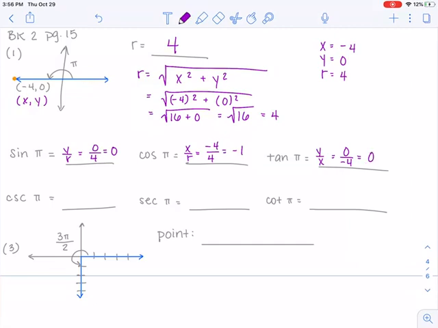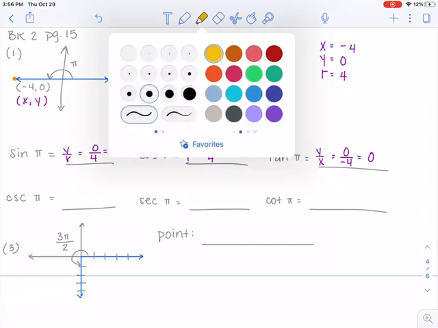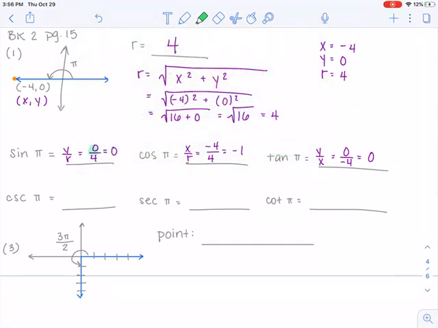Alright, so for cosecant, we're going to flip these. We're going to flip 0 over 4, negative 4 over 4, and 0 over negative 4. So when I do that, I now have 4 over 0, 4 over negative 4, and negative 4 over 0.